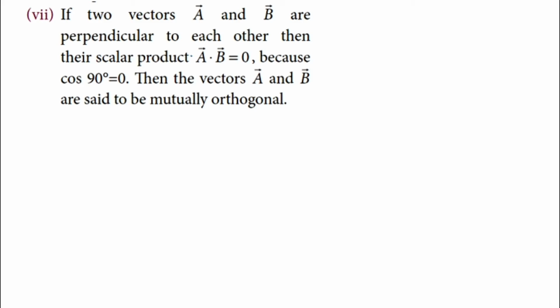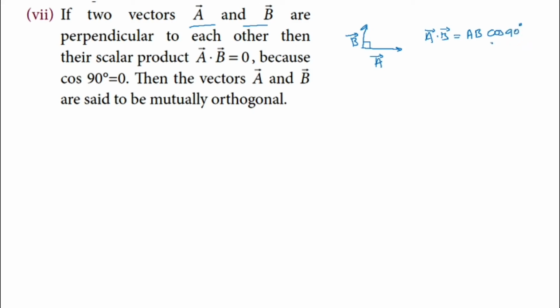Now the two vectors A and B are perpendicular. One vector is A vector, another vector is B vector. Perpendicular means 90 degree between A and B vector. That gives the value 0. That is, A vector dot B vector is equal to AB cos 90 degree.